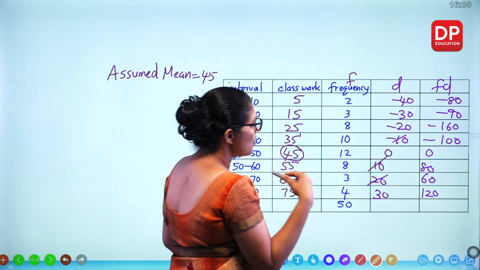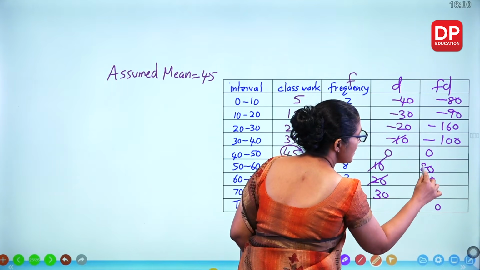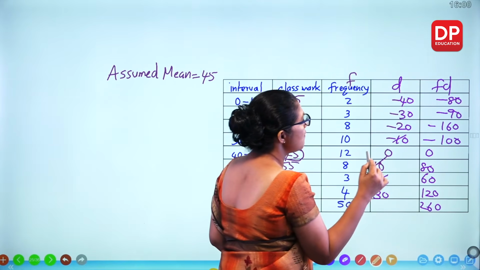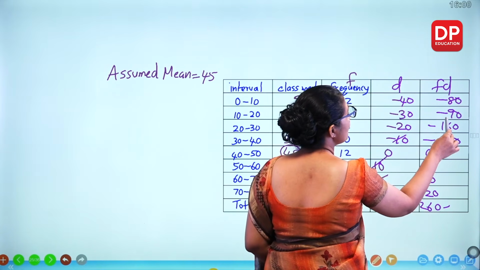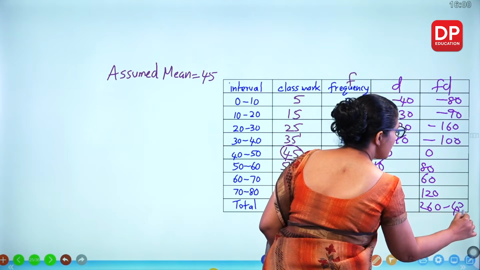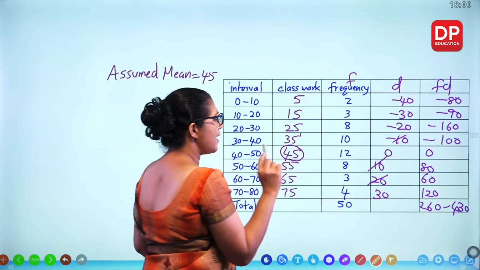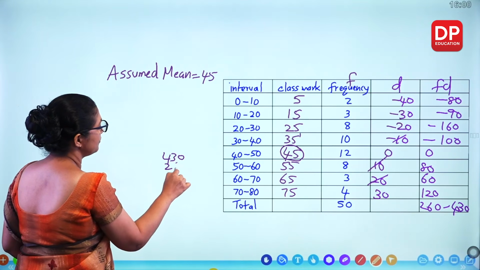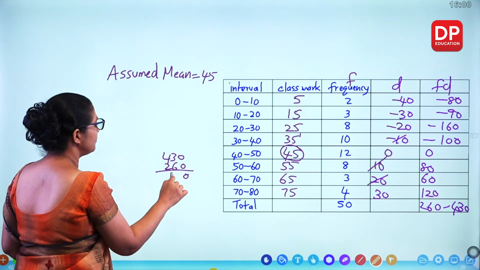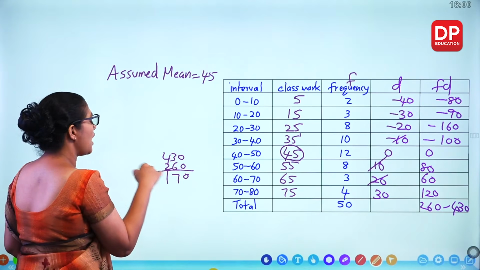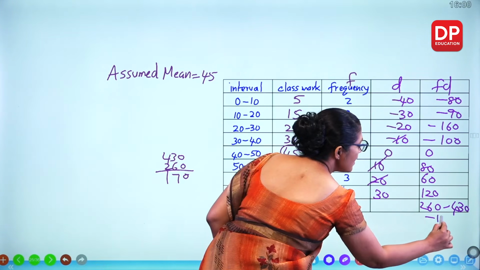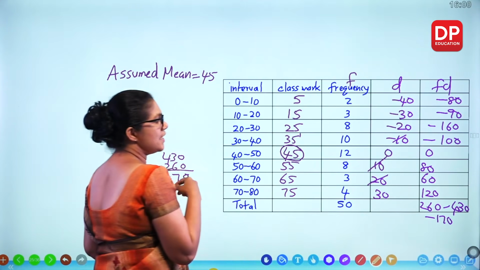When you add the positive values together, 260. Negative values together, 430. 430 and 260, what's the difference? 170. Minus 170 is the total fd.